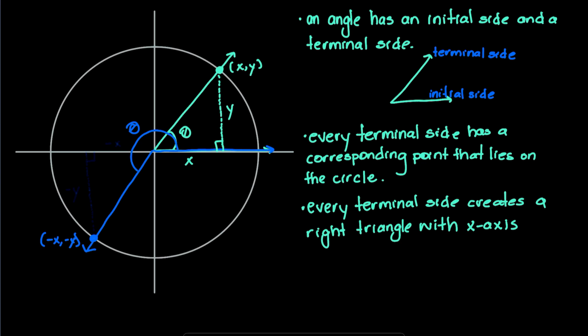The same thing happens with this terminal side that's in quadrant number 3. I carry my point up to the x-axis. I create my right angle. The height of this triangle is going to be negative y, and the base of this right triangle is going to be negative x. And we're going to use those pieces to see how we find all of the different treasures that are hidden in the unit circle.